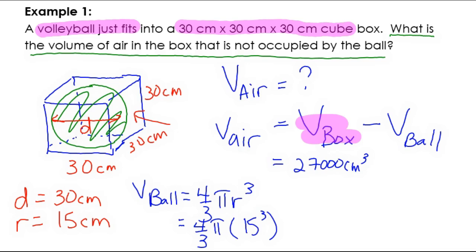And I'm getting that works out to be 14,137 cubic centimeters, approximately. And so I'm going to go ahead and substitute that value into the volume of the ball, because the difference between them again is going to give me the air that remains.